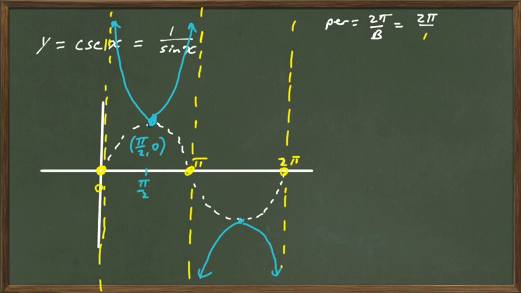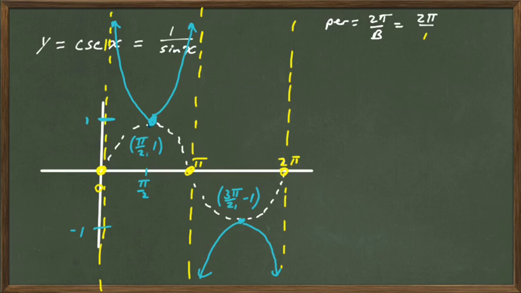Except it's not 0. It should be, what's the amplitude? 1. And this should be at 3 pi over 2 comma negative 1. And that makes one period or one cycle of the cosecant wave.